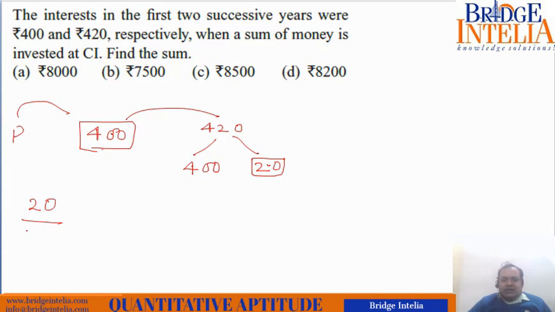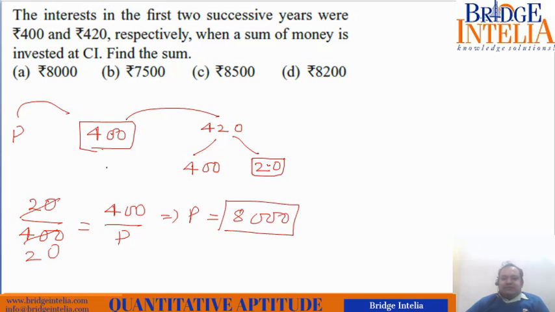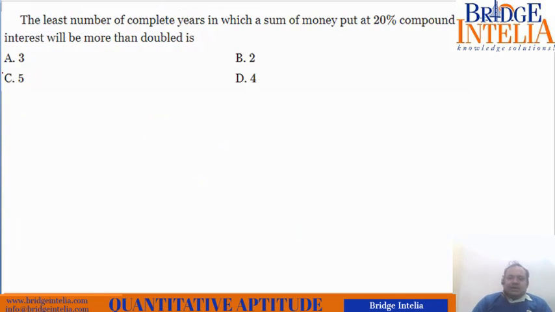So 20 is earned because of 400. Because of what amount had you earned 400? Proportionality is maintained here. So P is equal to 20 into 4,000. So 8,000 is the final answer. Very great shortcut. Let's move to the next one.